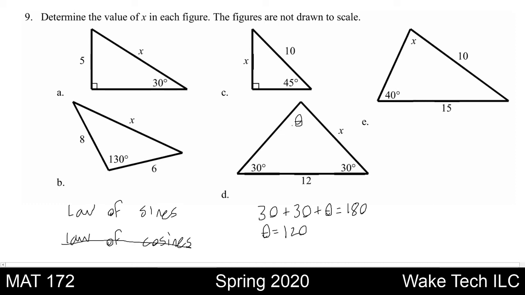Now we have an angle, the side opposite, and another angle with the side opposite. So let's create our law of sines. Law of sines says that if we create a relationship between the side and the angle, a fraction here, so x over its opposite angle, which is sine of 30, that's equal to the same relationship of another side and the opposite angle, which we found theta was 120, so I can put that here.